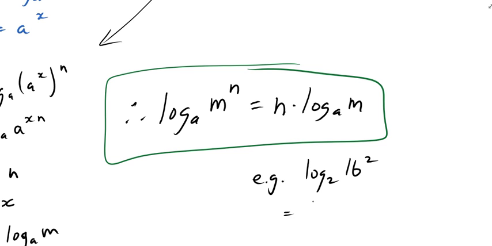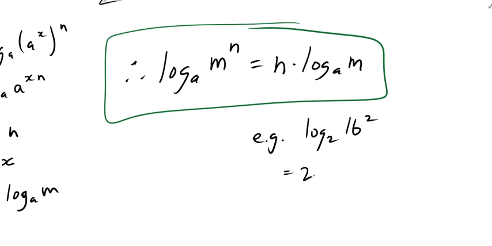I can take that exponent and make it 2 times log base 2 of 16, which is 2 times 4, which is 8. 16 squared is 256, and 2 to the 8 is 256, right? So either way you look at it, it's the same thing.